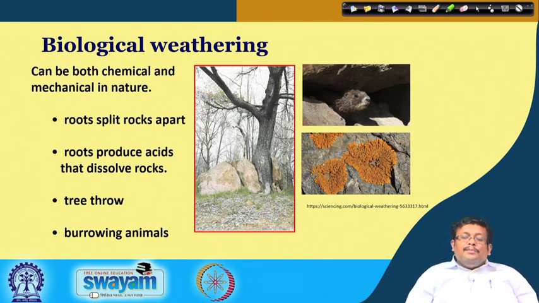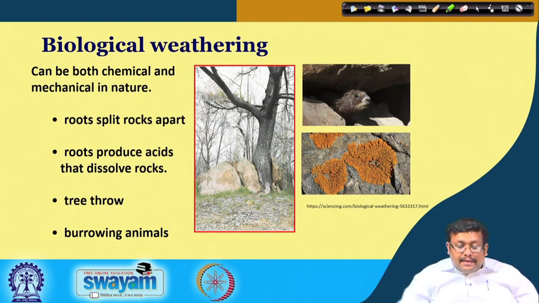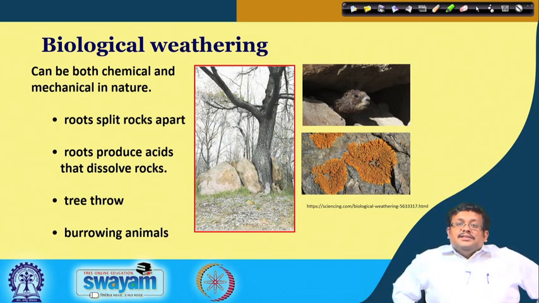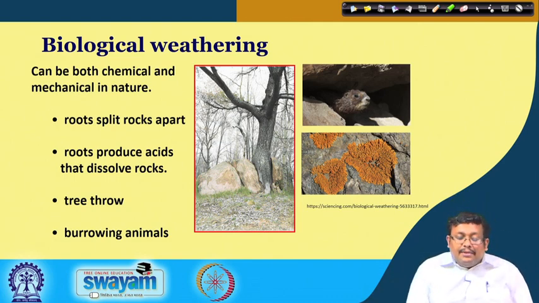And there are also some burrowing animals and different types of plant species which can occur over the rock surface, and there may be some algae, and all these exert pressure for physical and chemical breakdown of rocks.